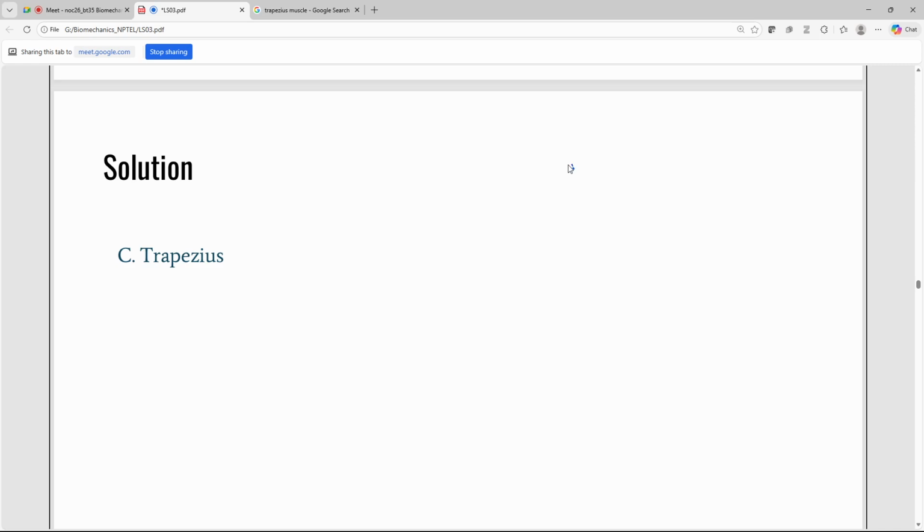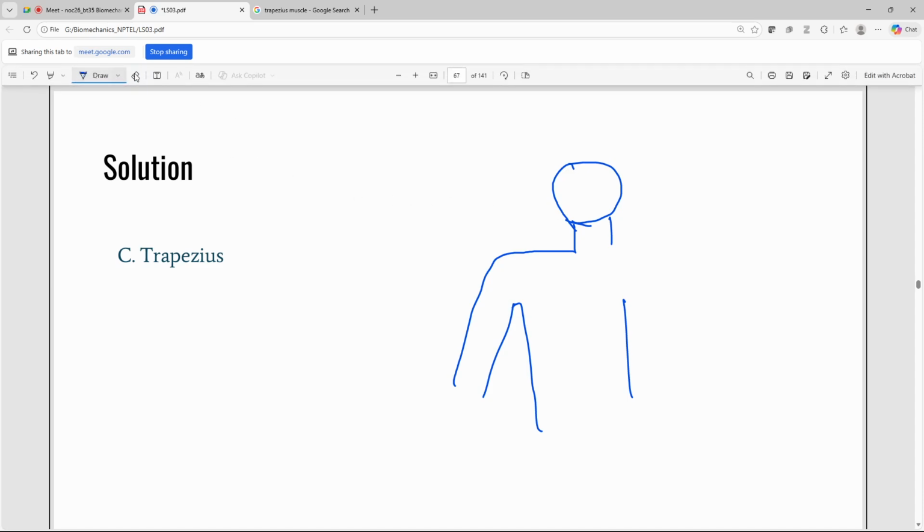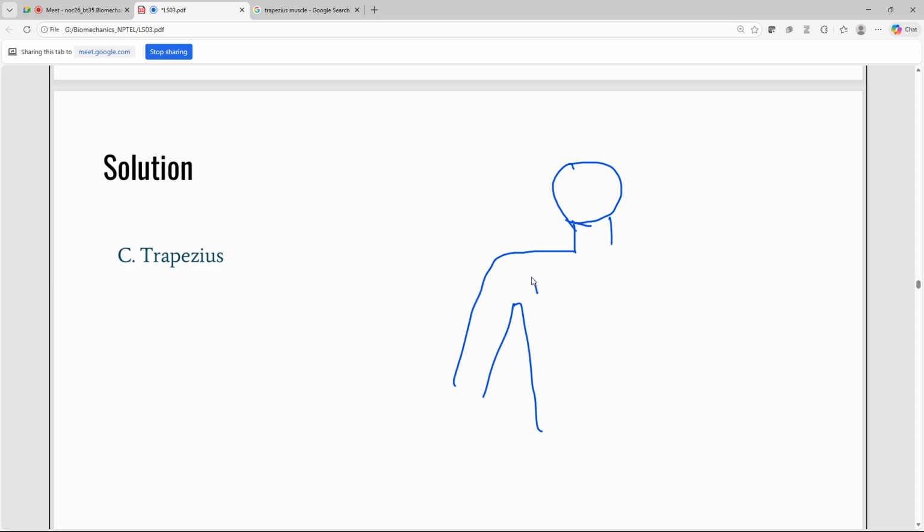So this is the scapula bone, and we are looking from the posterior.